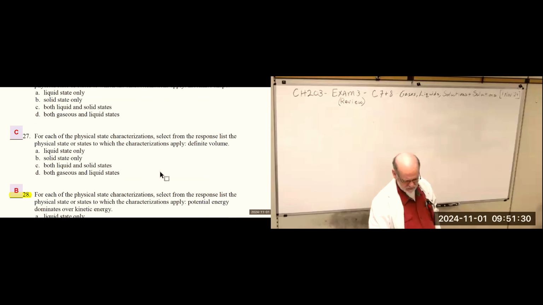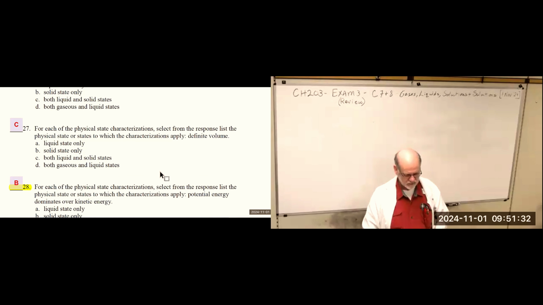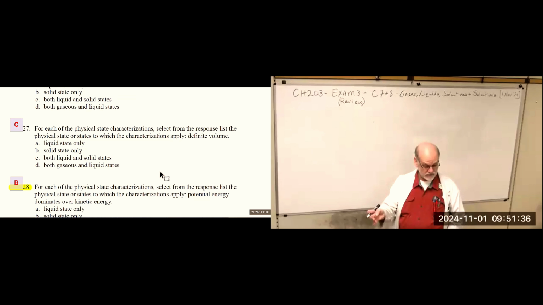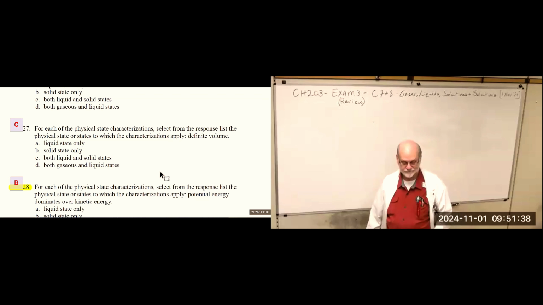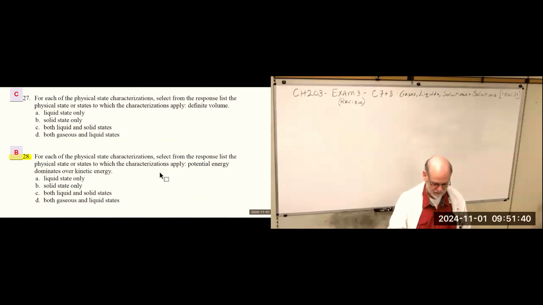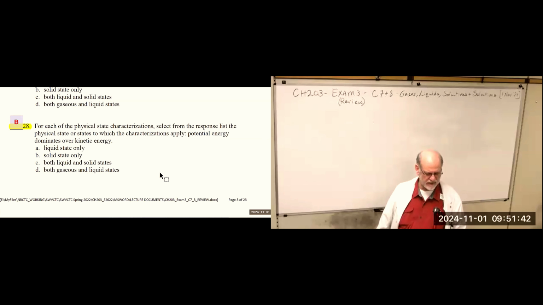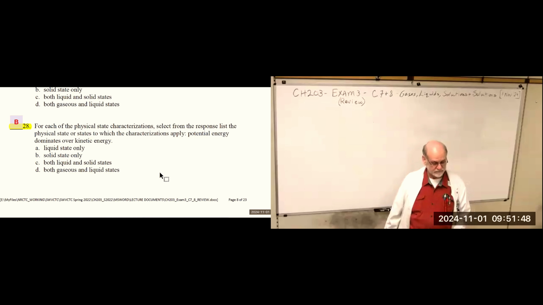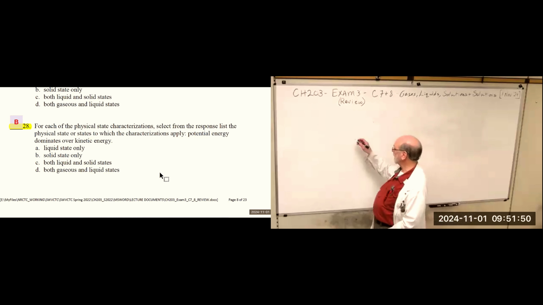How about if I picked one of these others? How about 27, definite volume? Solids and liquids. Okay. How about 28? Potential energy dominates over kinetic energy. That would be a solid only. Right? 28, solid.